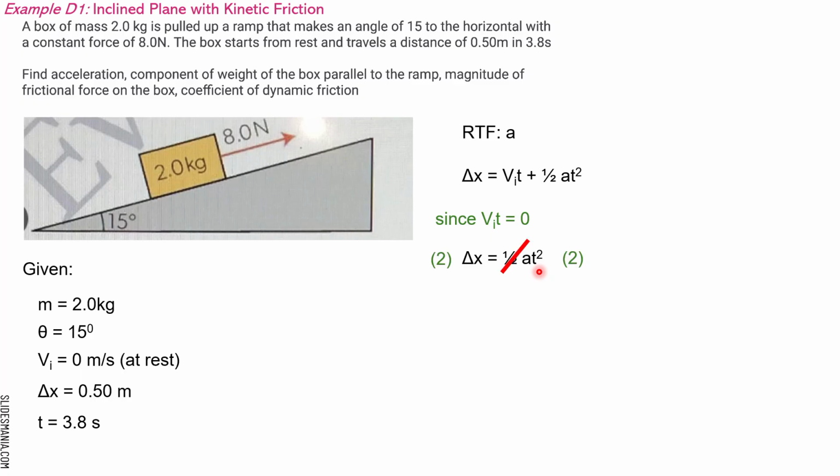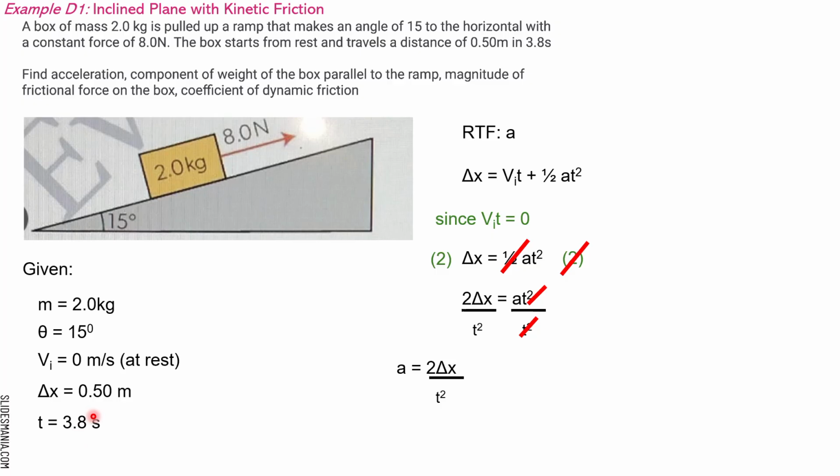So if we multiply both sides by 2, the 1/2 gets cancelled. We're left with 2 times delta x equals a t squared. If we divide both sides by t squared, we get the acceleration, which is equal to 2 delta x over t squared.